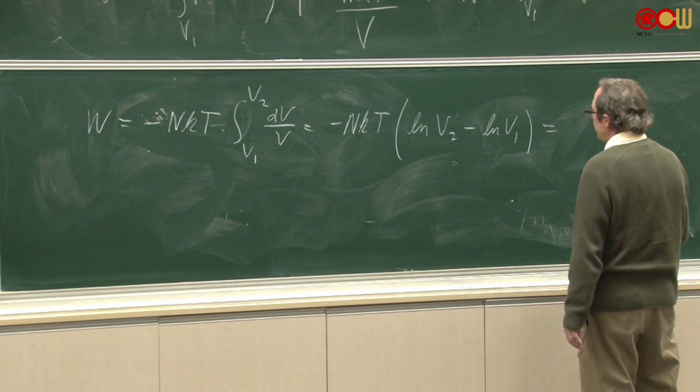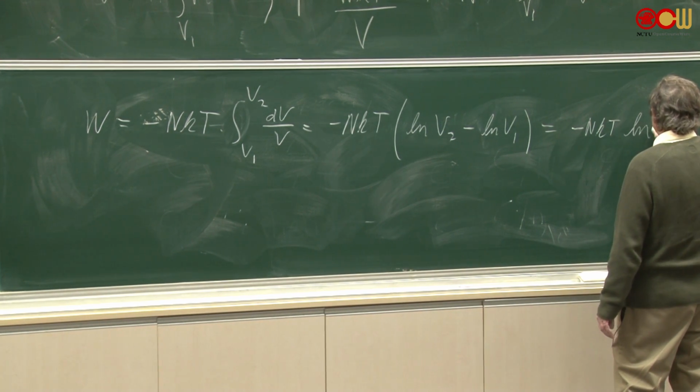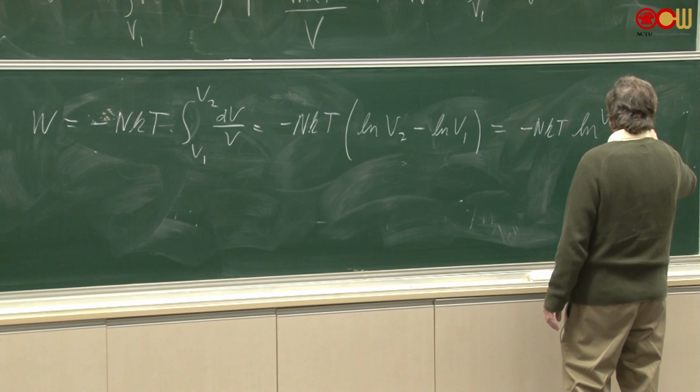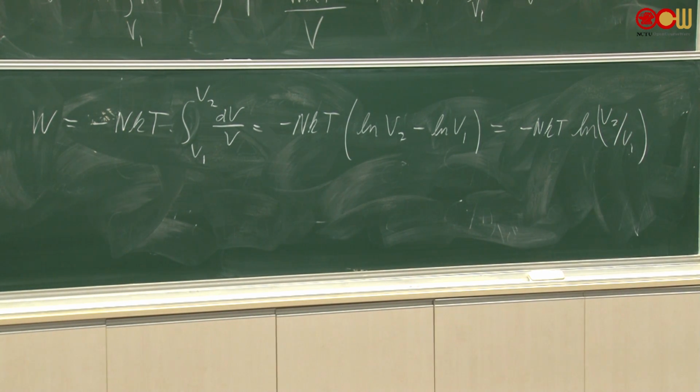And it's nice to write that as minus NkT times the log of V2 divided by V1. All right, so that's the answer.